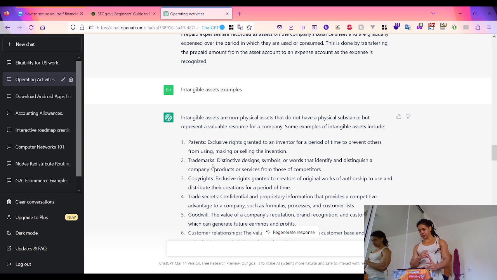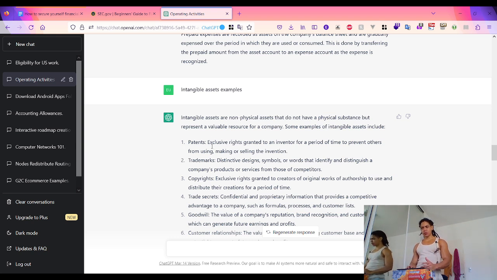You have copyrights, exclusive rights granted to the content creator, or the creator of original works, to use and distribute their creation for a period of time. Similar to the patent, but now copyrights focus more on intellectual property, you might think, right?